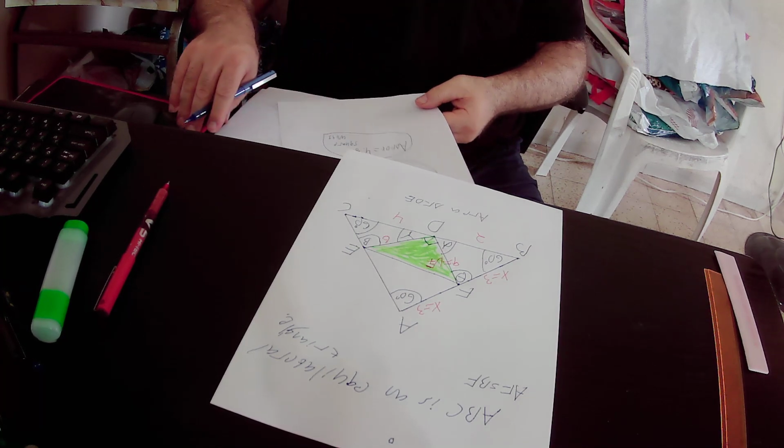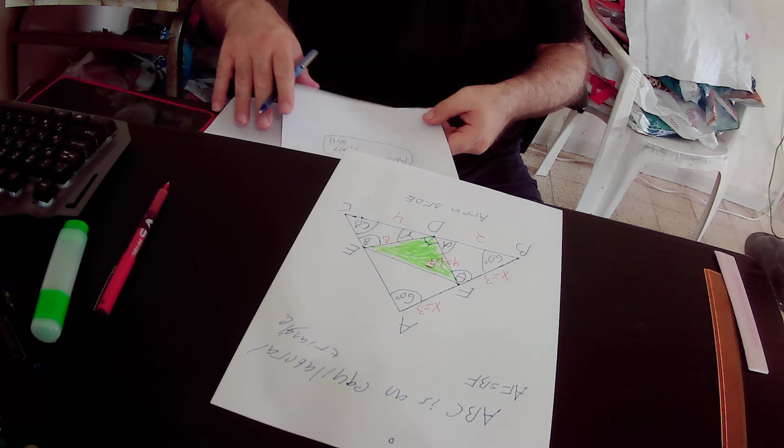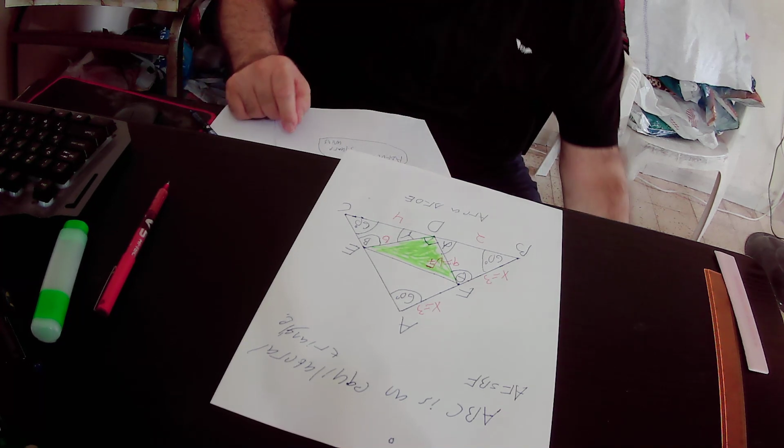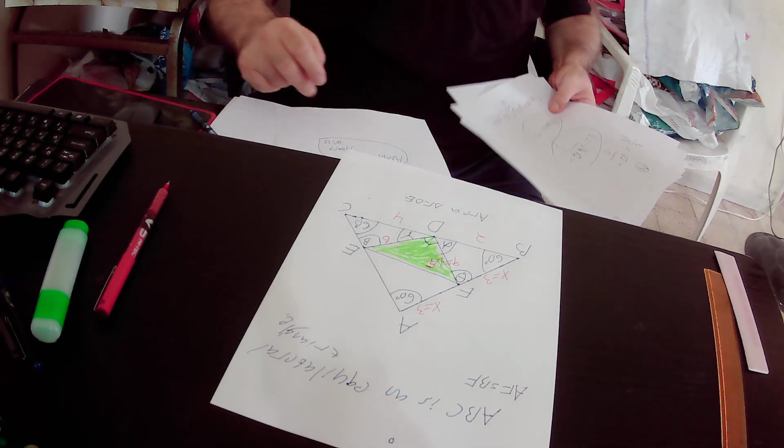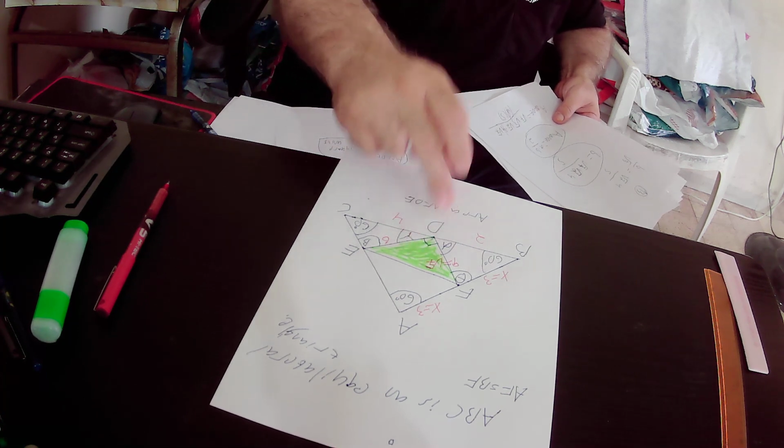Okay, now I summarize the lecture. Actually, we wanted to find out the area of the green triangle FDE.